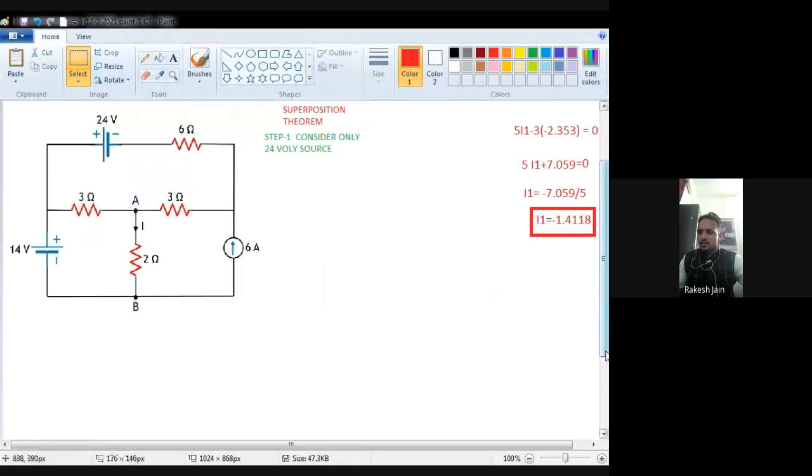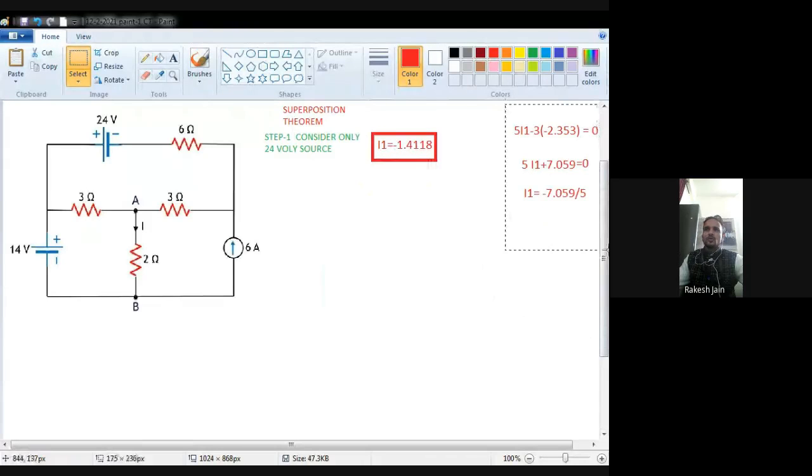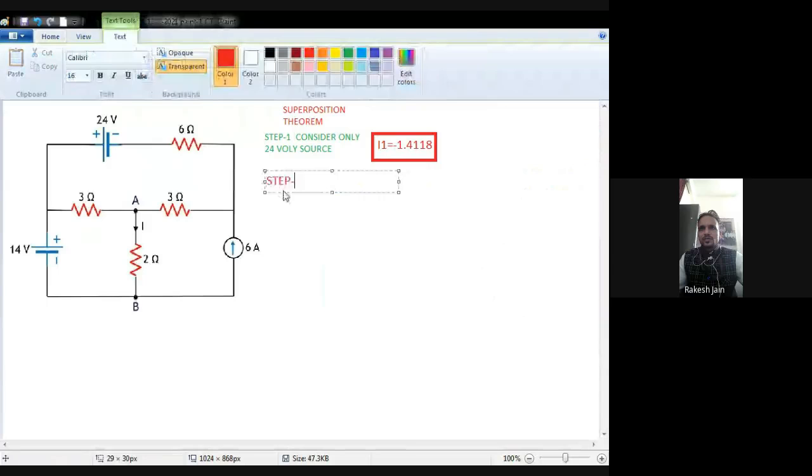When I check with calculator, minus 120 divided by 51, it will be minus 2.3529. So we can say minus 2.353.